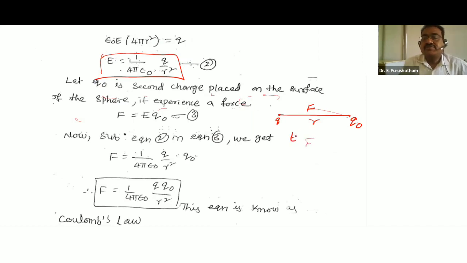According to electric field intensity, E is equal to F by Q naught. So F is equal to E into Q naught.